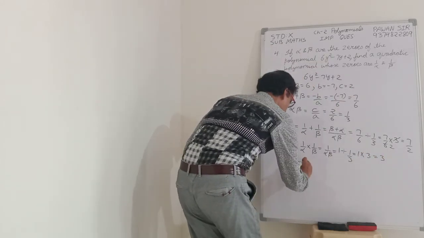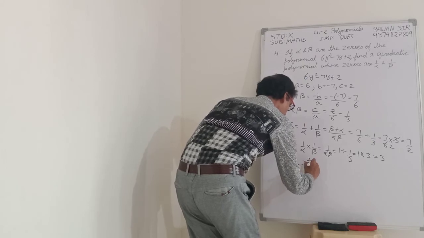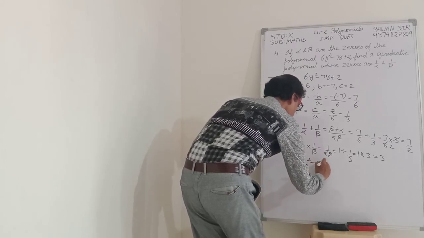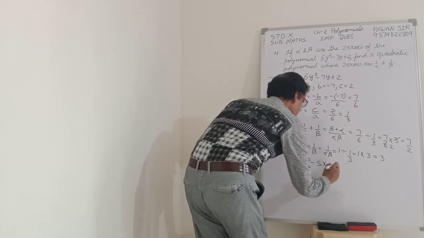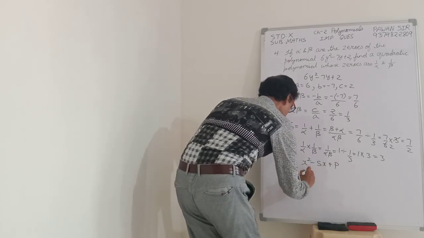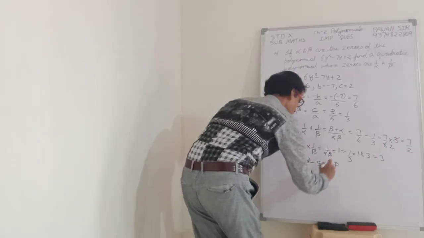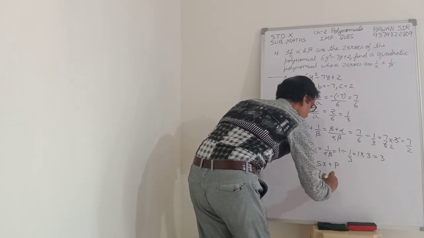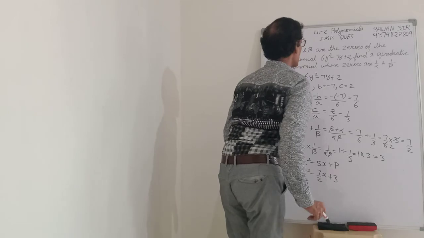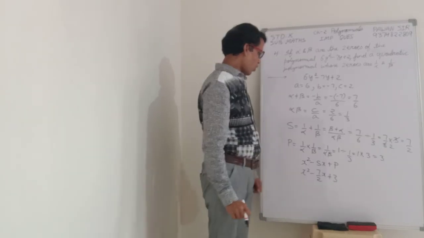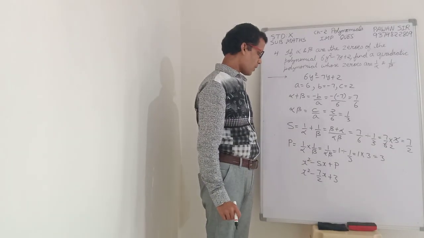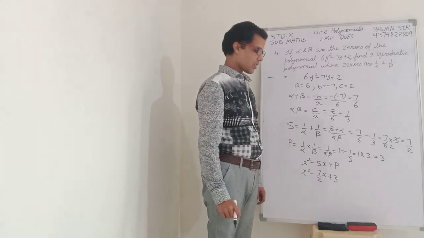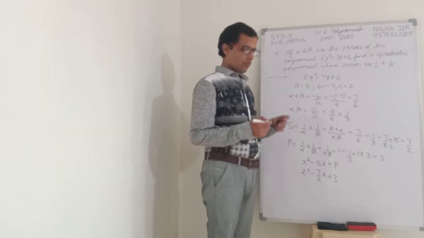As you know, the polynomial is given by the formula x² - (sum of the roots)x + product. What is s? s is 7/2. And what is p? p is 3. So the required polynomial is x² - (7/2)x + 3. So this completes our fourth question.